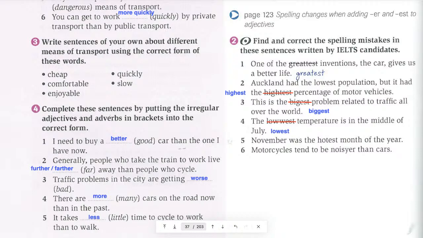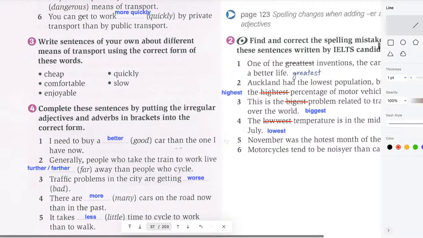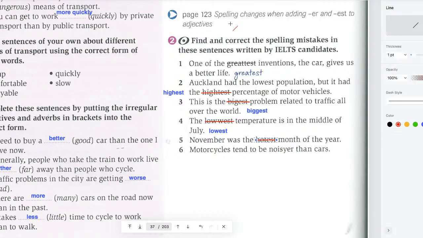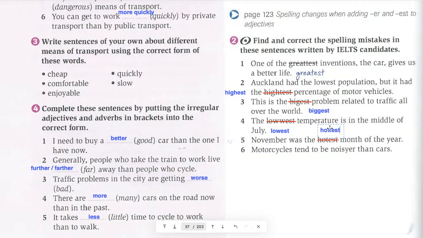Number 5. November was the hottest month of the year. We add more T in hottest. Yeah, hottest, double T. November was the hottest month of the year. Okay. Number 6.